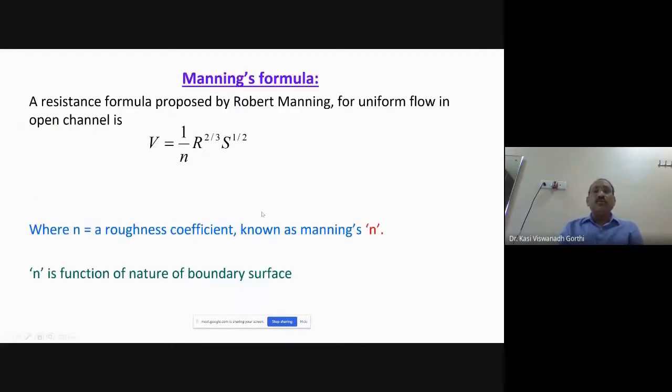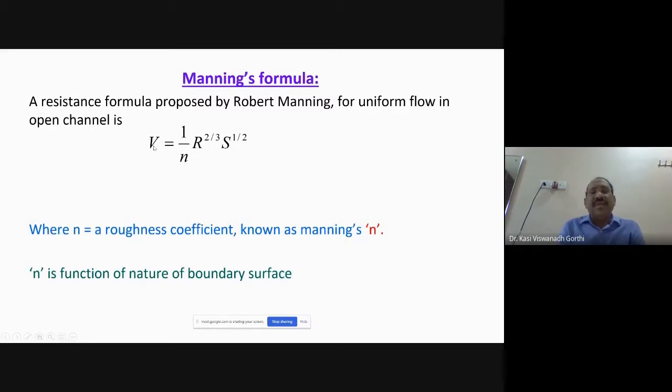In this case also, if you see this equation, it is not a dimensionally homogeneous equation. If you start writing the dimensional formula, the longitudinal slope S is a gradient, so M to the power 0, L to the power 0, T to the power 0 is the dimensional formula for S. Then what about the dimensional formula for V?